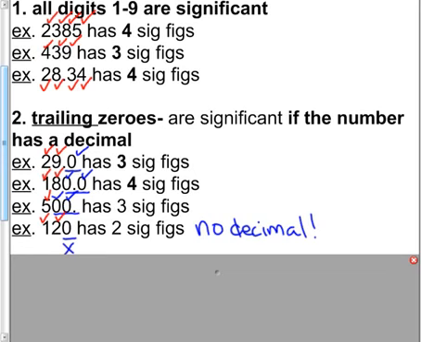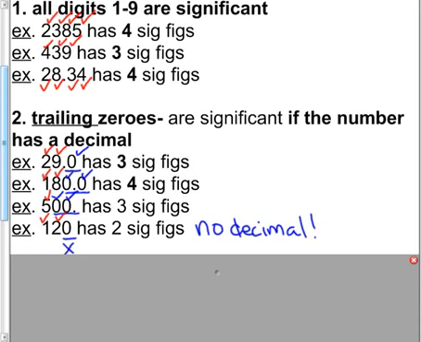Now a lot of people ask, does that mean that 0 doesn't matter? No, there's a difference between whether or not we need the 0 and whether or not it's significant. For example, if you were 12 years old versus 120 years old, that 0 makes a big difference. So our number is still 120. That 0 doesn't just disappear. All we're saying is that it's an estimate.